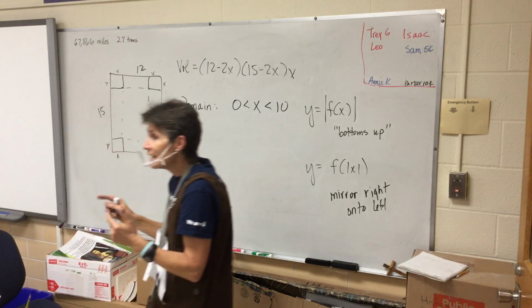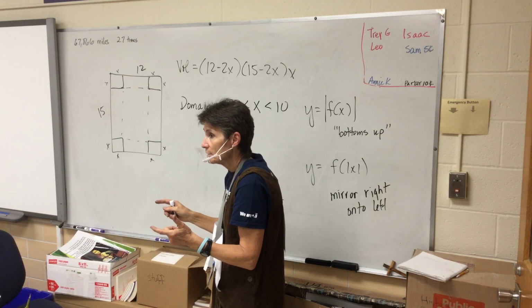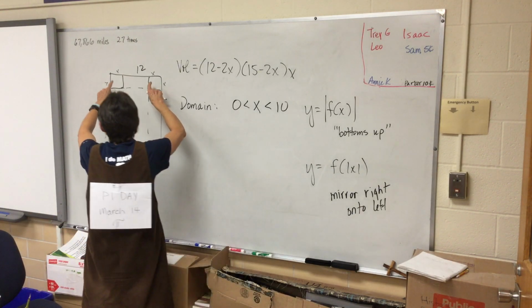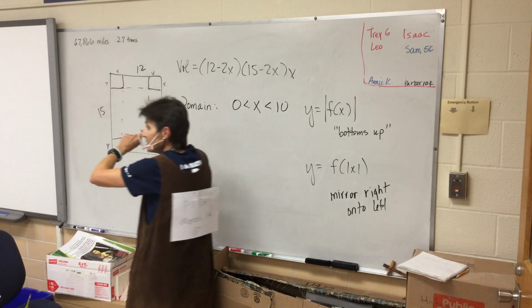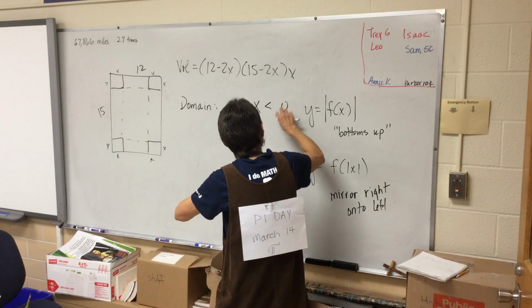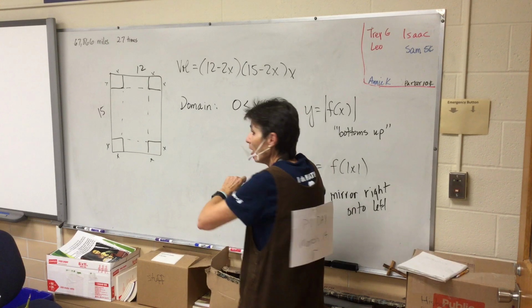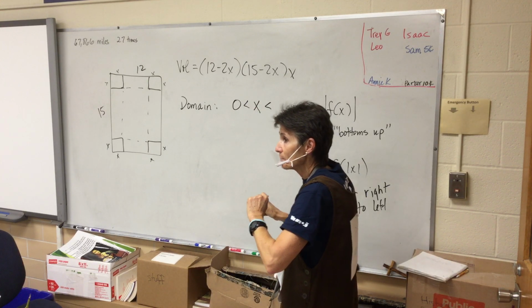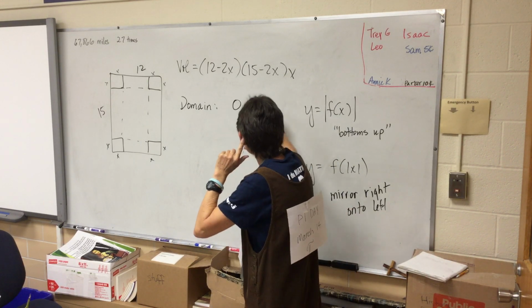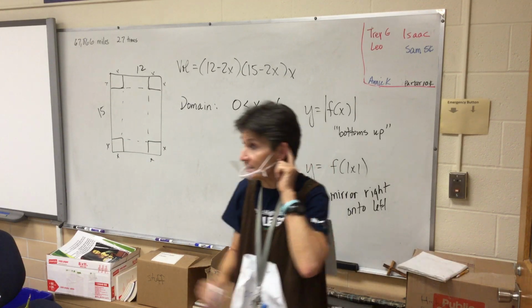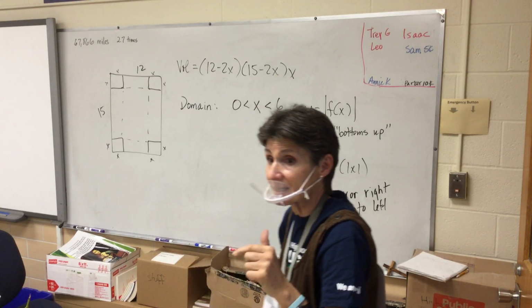So if you only have 12, and you're taking something off each side, what is the absolute most that you can take off of that side? 6? I hope you said 6.